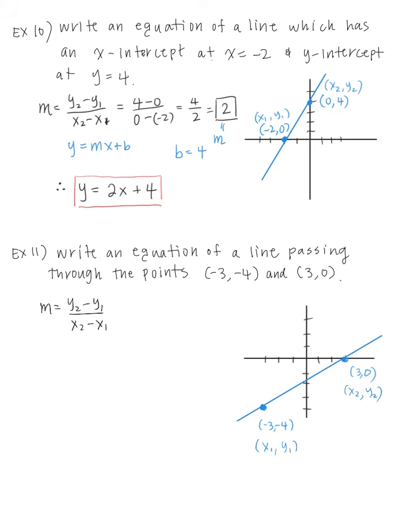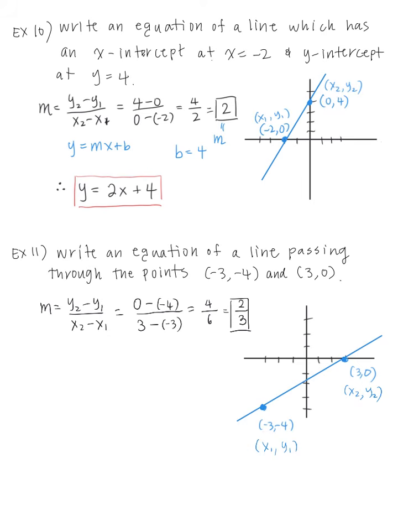If I do it that way, then you're going to have y2, which is 0, minus y1, which is -4, and then all over x2, which is 3, minus x1, which is -3. So what do we get? We're going to have a positive 4 over 6, which is 2/3. So that is going to be our slope.